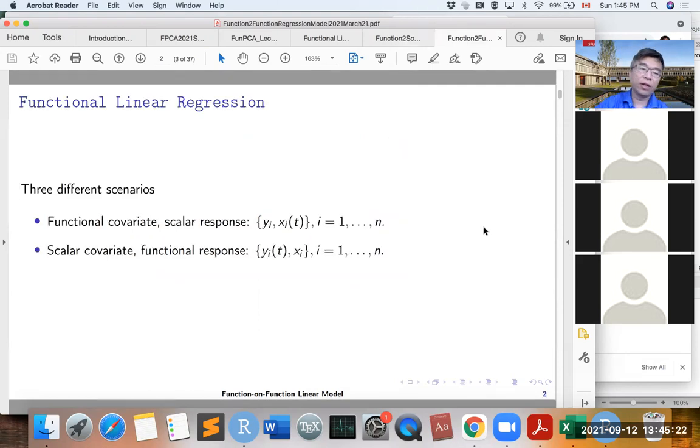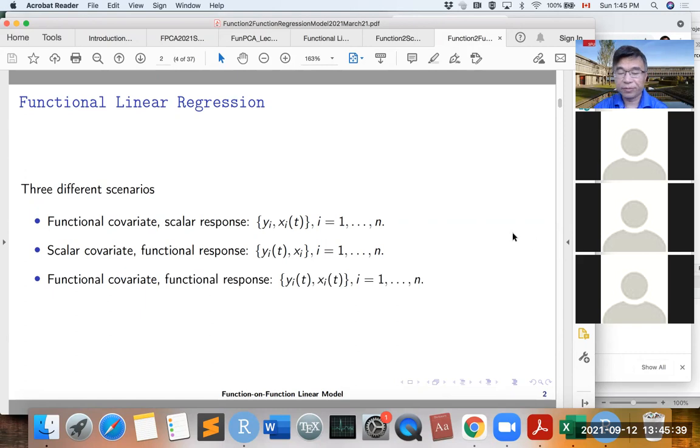So we have learned the first two scenarios: when the response is a scalar and the predictor is a function, and second, the response is a function and the predictor is a scalar. So now we work on the last scenario, when the response is a function and the covariate is a function as well.